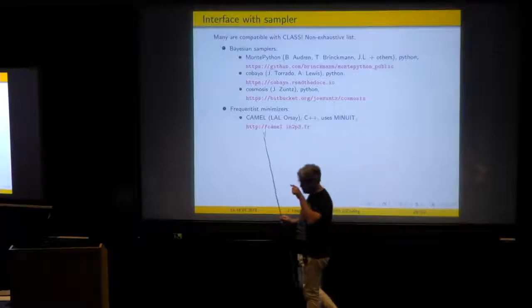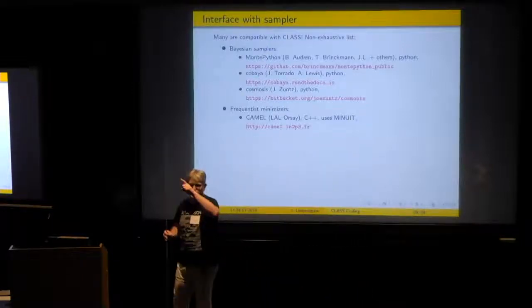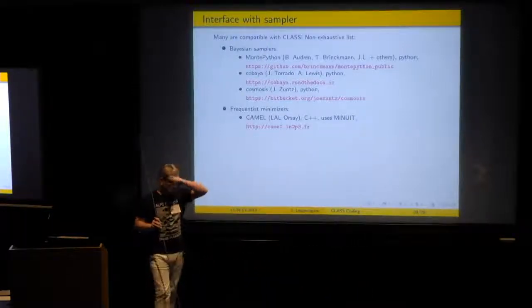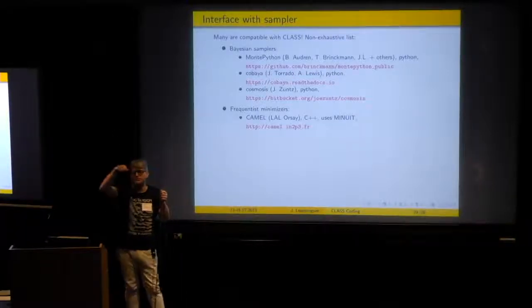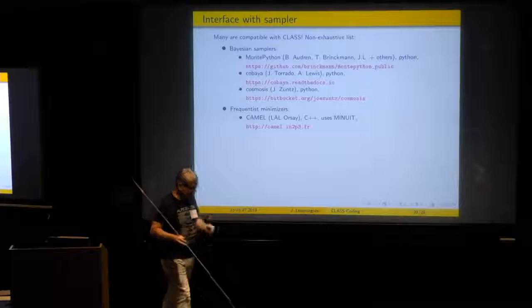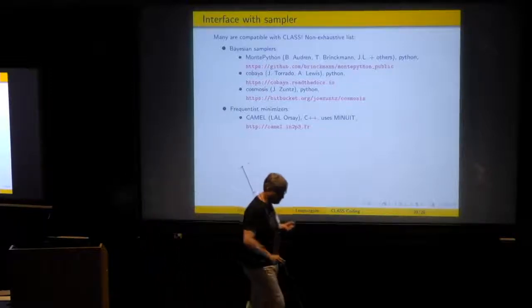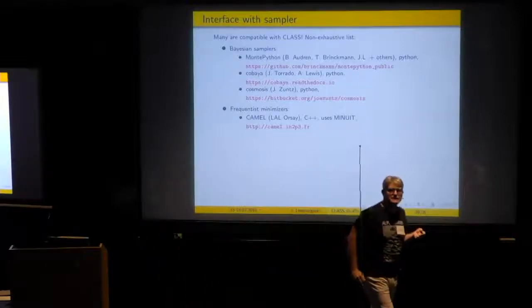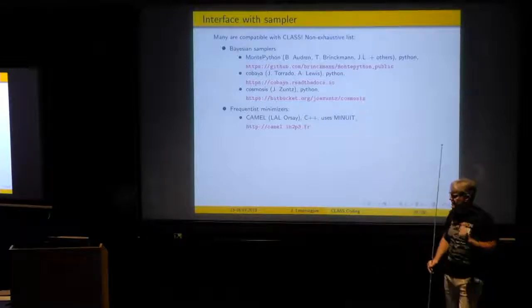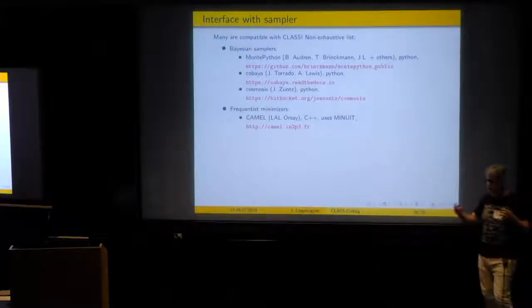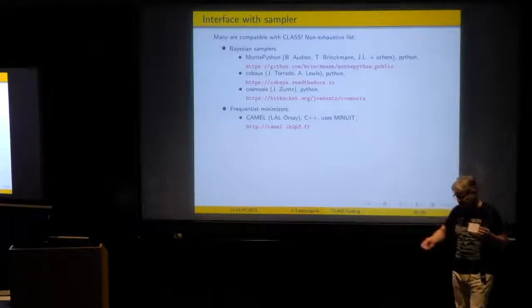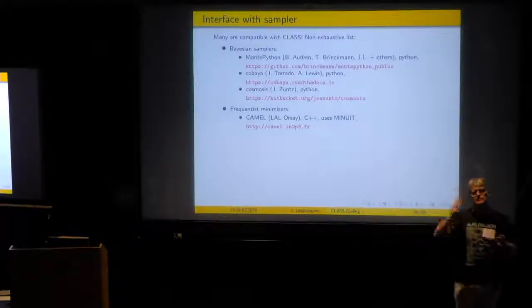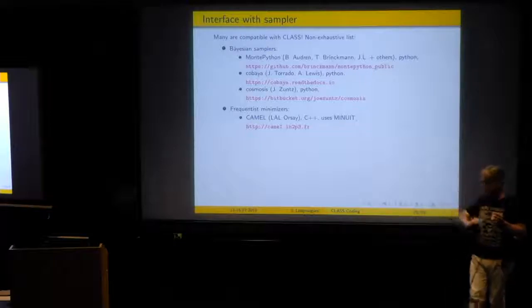Also, when you want to get a profile likelihood, when you want to fix one parameter and minimize over the others, you need to run your Boltzmann code at a higher accuracy level than for an MCMC. In an MCMC, if your code makes small errors, they will average out. You just have to check that the error is not too big, and you get nice posteriors.